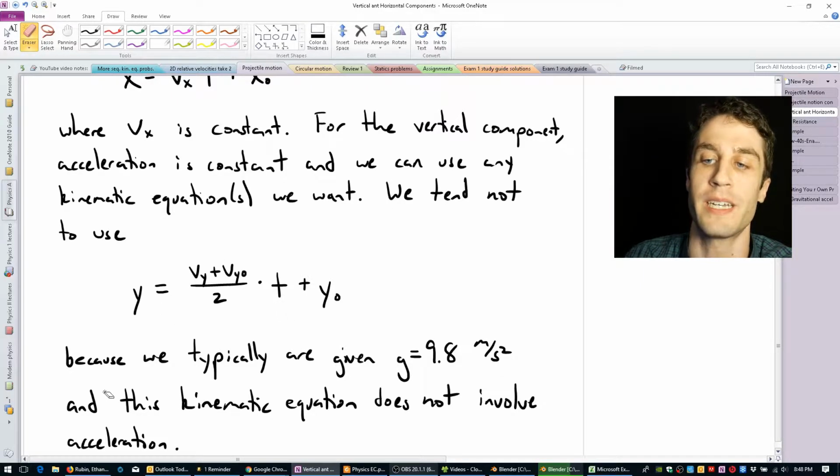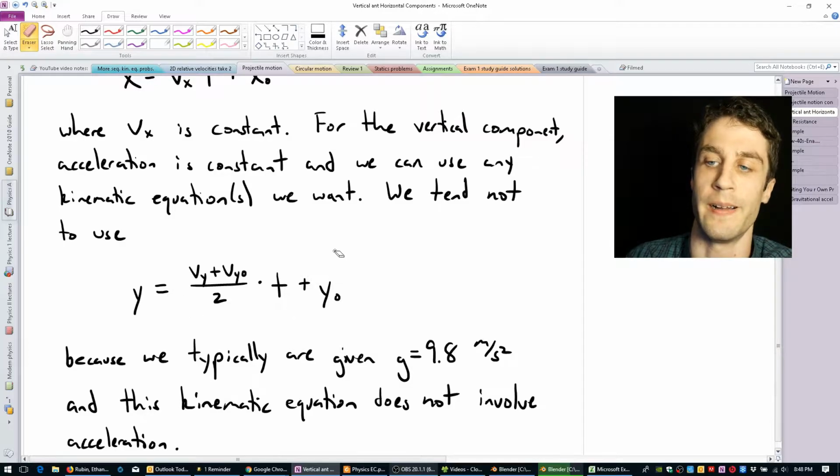We tend to not use it because we're typically given g equals 9.8 meters per second squared. Whenever you have a problem that takes place on Earth, you know that g equals 9.8 meters per second squared. And this kinematic equation does not involve acceleration. If we're given acceleration, we might as well use a kinematic equation that involves acceleration. And so there's rarely much reason to use this.